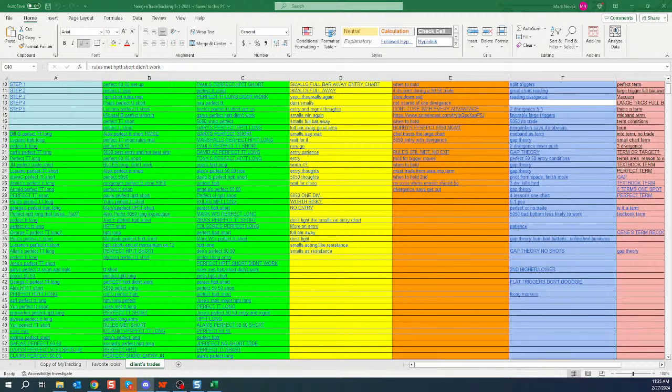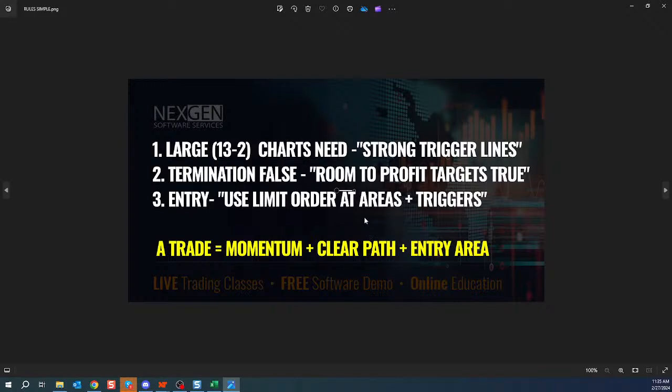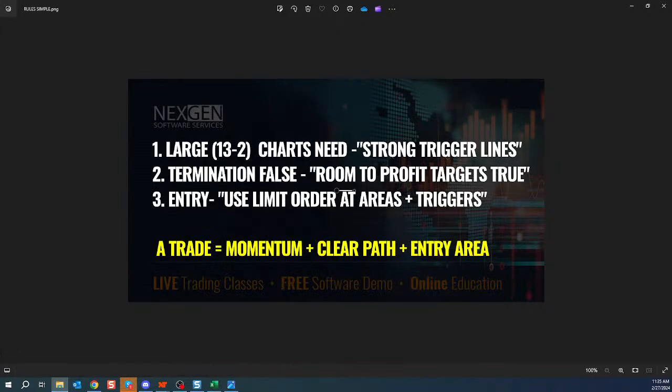Guys, that's what we do here, is we show you which side of the coin is weighted so that you know which way to place your bet. So the advantage of momentum, the advantage of a clear path, the advantage of an entry area, that's what you're betting on every time that coin flip happens. And Cindy, that's exactly what we're doing, we're betting on a pattern.